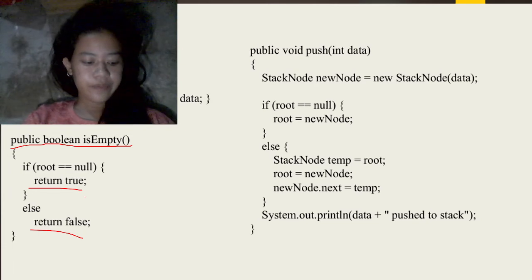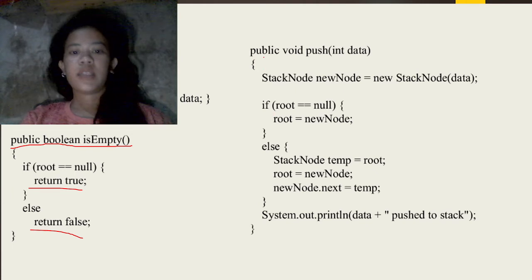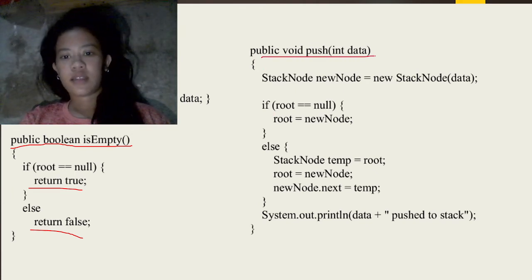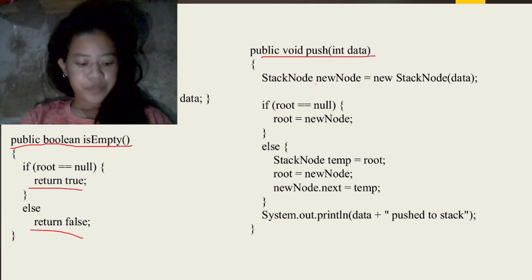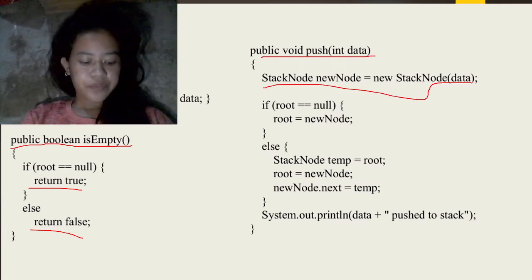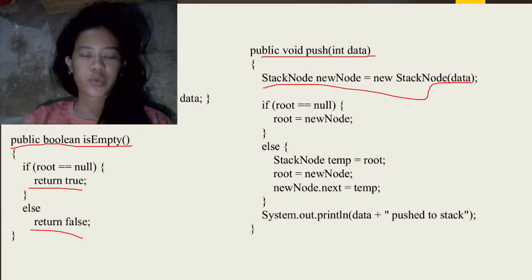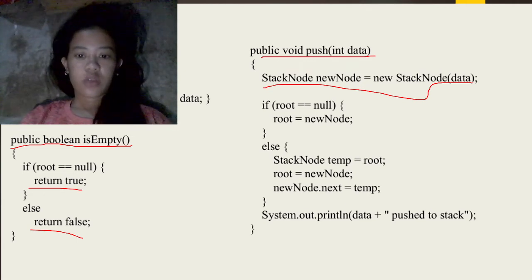So next we have the public void push method with parameter int data. In push we create an instance of our class StackNode, the object used to access the methods and attributes in our StackNode.